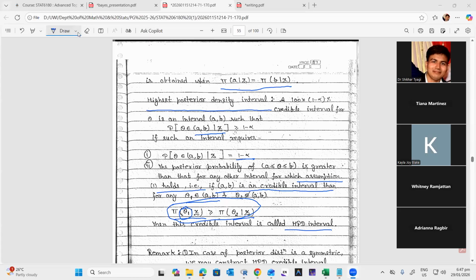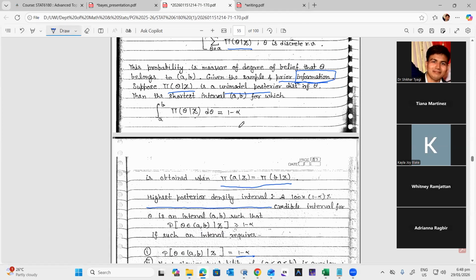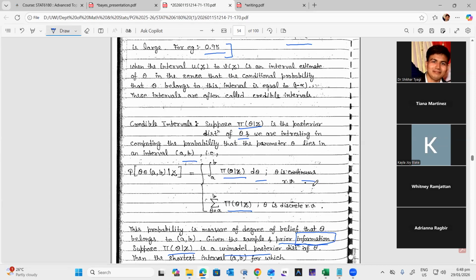If you are not getting this point, we are saying that you know how to find the credible interval, that is, how to find the interval estimation.